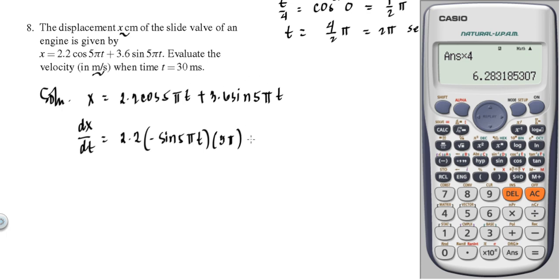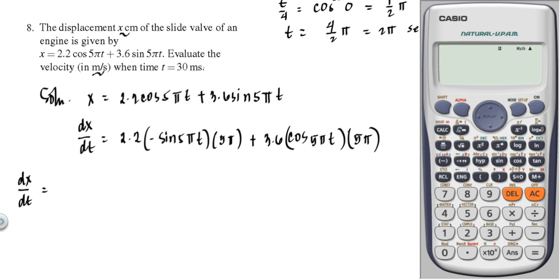Then plus 3.6, derivative of sine is cosine, cosine 5 pi t times derivative of this, which is 5 pi. Okay, so when t equals 30 milli. Simplify nga muna natin. Haba eh. Okay, sige dito. When time is 30 milli, what is dx over dt?